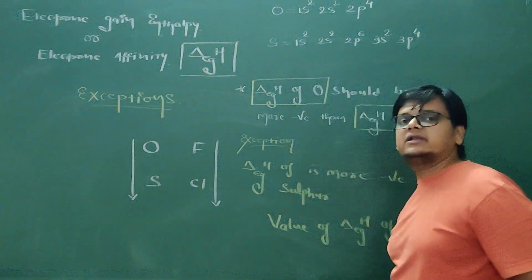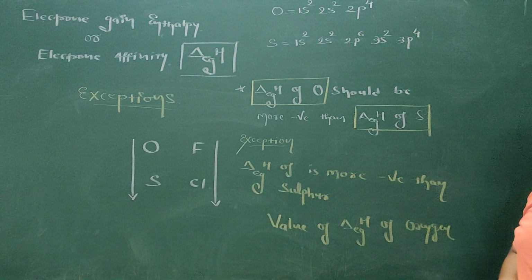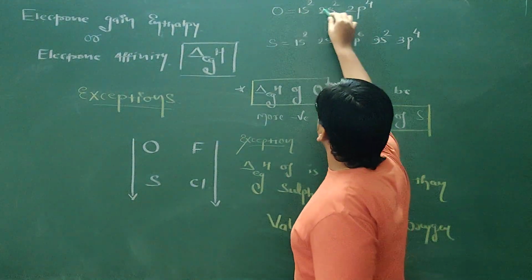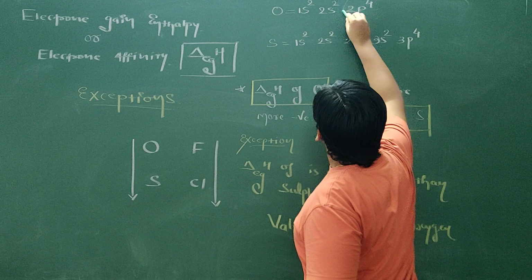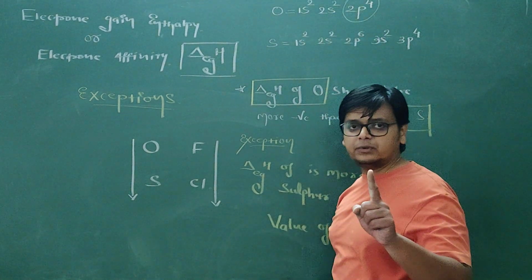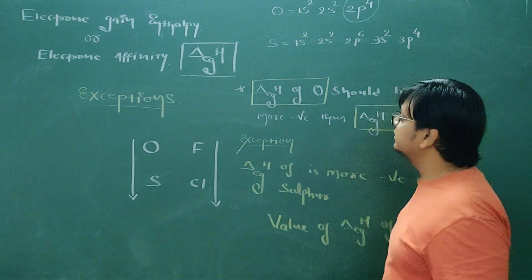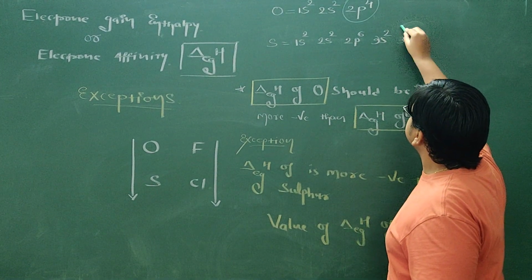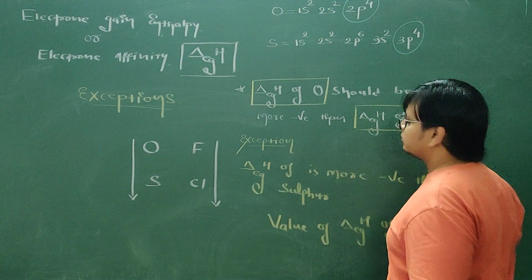Okay, understand this carefully. Oxygen has the 2p orbital as its outermost orbital, while sulfur has the 3p orbital as its outermost orbital.